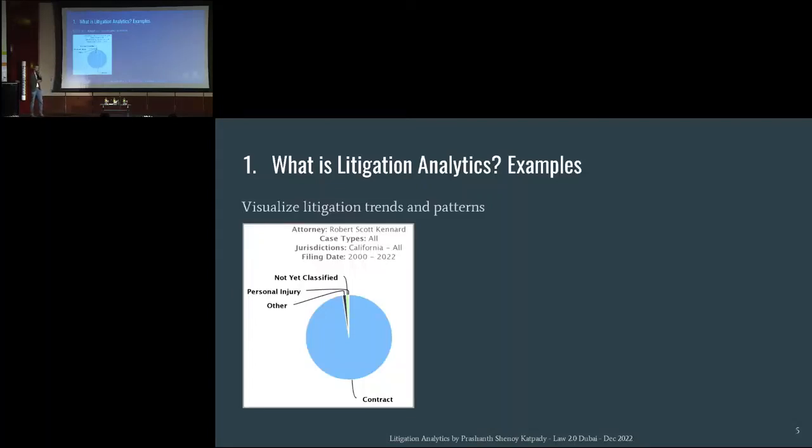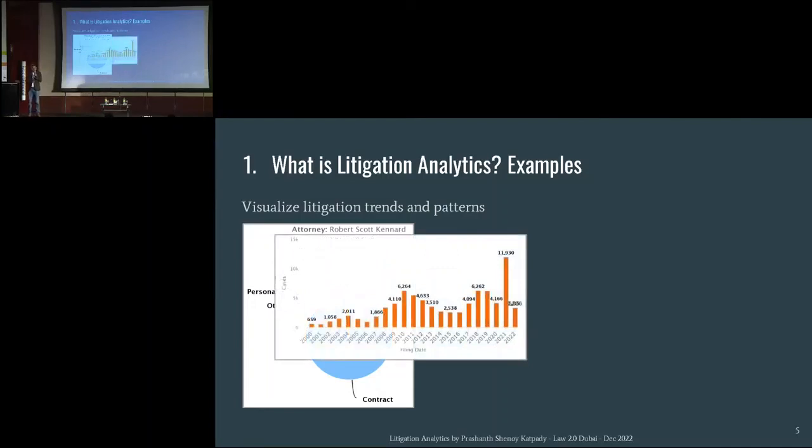Here, what you see on the screen is Robert Scott, an attorney. What practice areas does he typically have his expertise in? Here you'll see contract is the predominant one. You can also see the number of cases that he's handled over the time period.